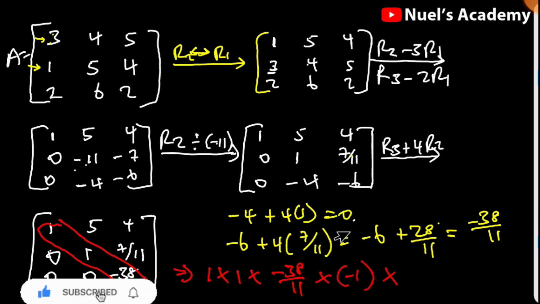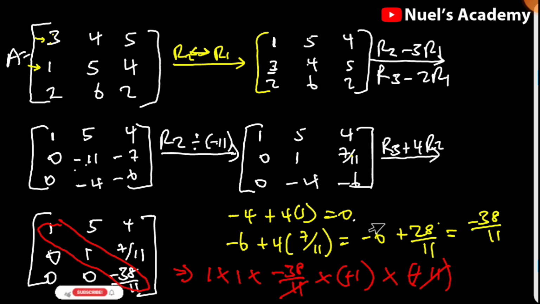Then here we divided by negative 11, and so we're going to multiply our answer by negative 11. So here the negative and negative will cancel to be positive. This 11 and this 11 will cancel, and we'll be left with 1 times negative 38.